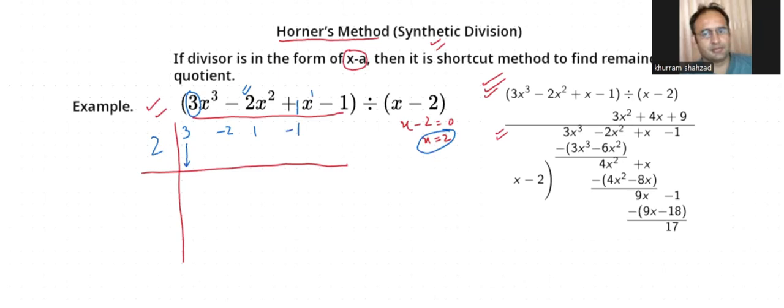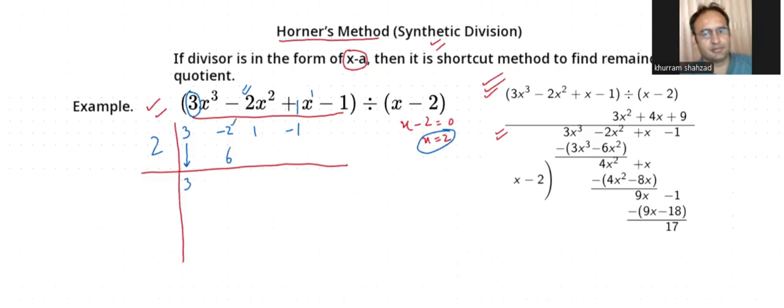So next, I will multiply this 2 with this 3. What is the result? The result is 6. And this result I will write here, 6. So now we will add this negative 2 and this 6.